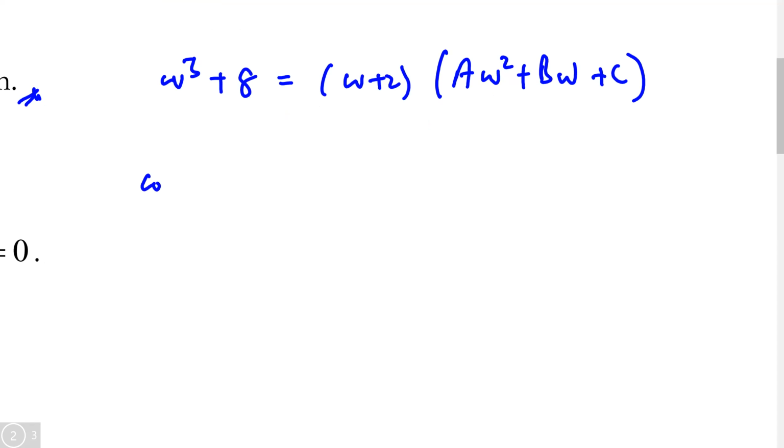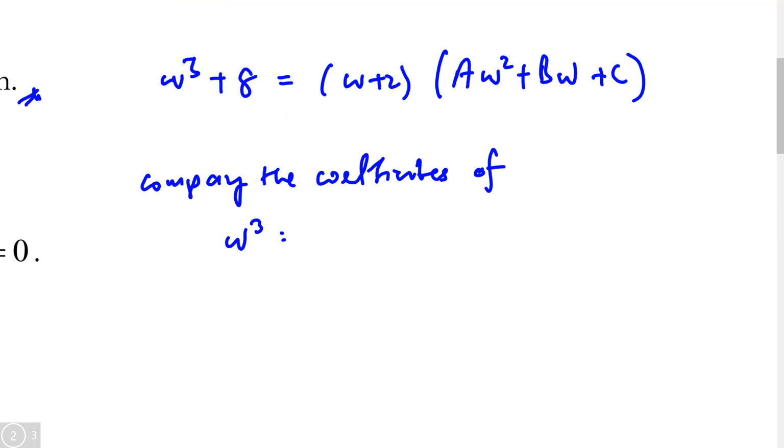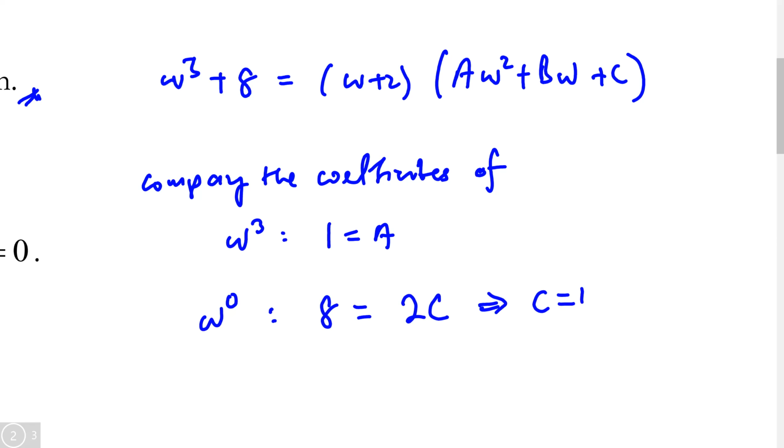So comparing the coefficients of w cubed, this will be 1 equals a. The constant, this will be 8 equals 2c, so in this case I will get c equals 4.